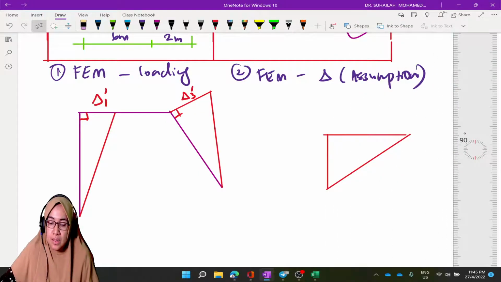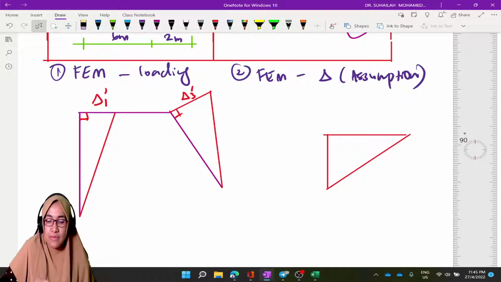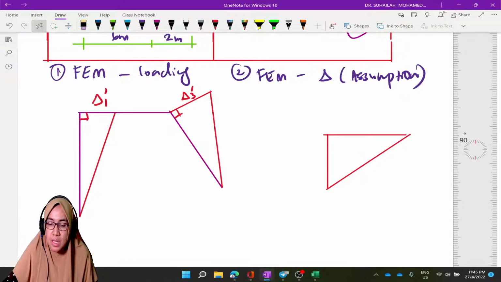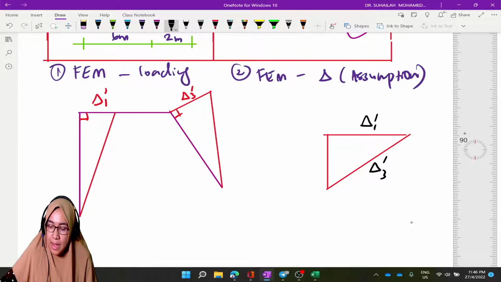Okay, so we have delta 1, delta 2, delta 3. From this we get delta 1 prime here, delta 3 prime, then delta 2 always belongs to the beam, delta 2 prime. So this is 90 degree.